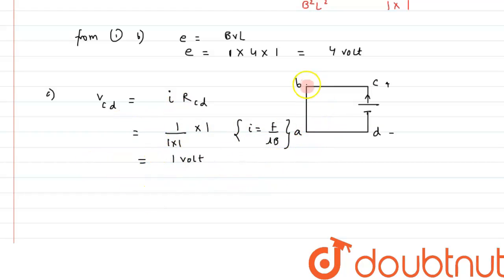Now we have to calculate the potential difference across A and B. For this we have to take the terminal potential difference, that means these 2 points we have to consider.